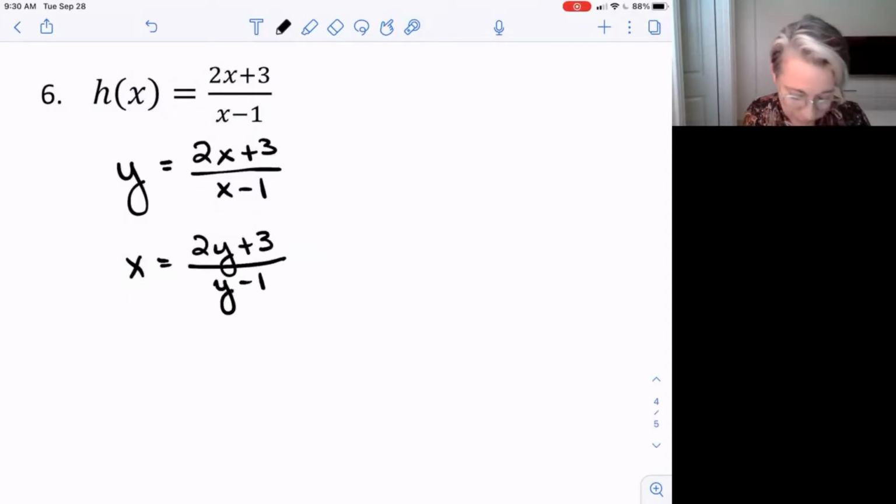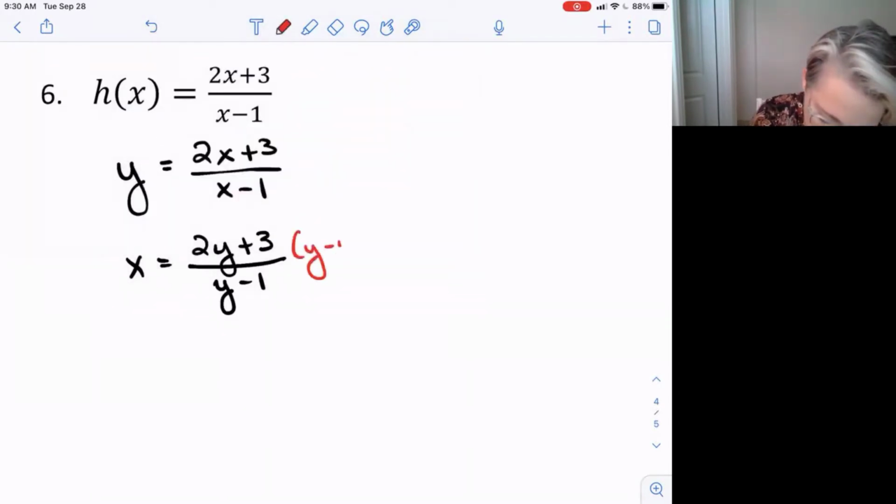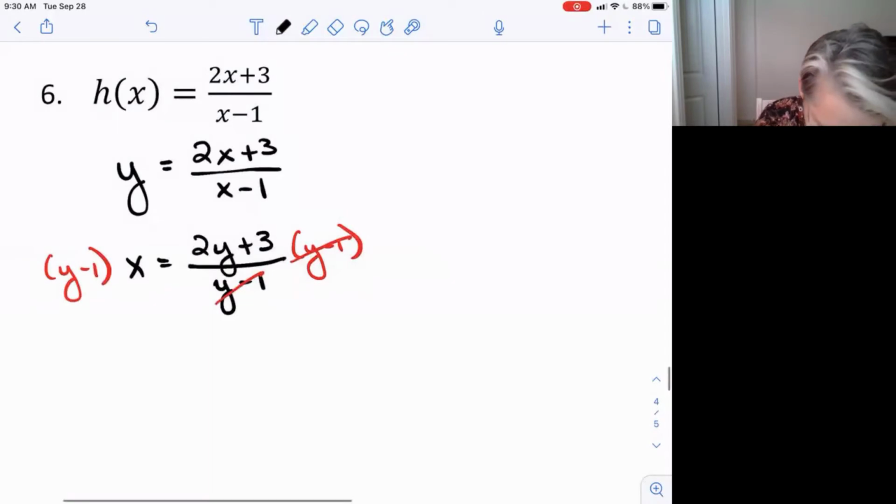So that gives us x equals the quantity 2y plus 3 over the quantity y minus 1. So we still need to solve for y, but this is where it can get tricky for some people. We're going to clear this fraction by multiplying both sides by y minus 1. We're going to distribute the x, so we get xy minus x equals 2y plus 3.